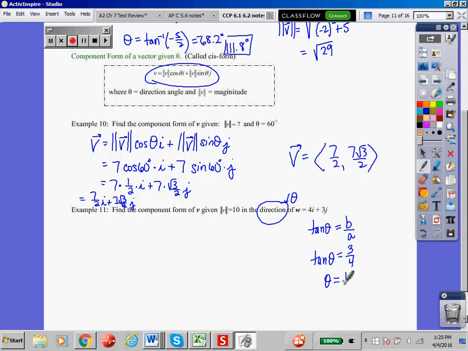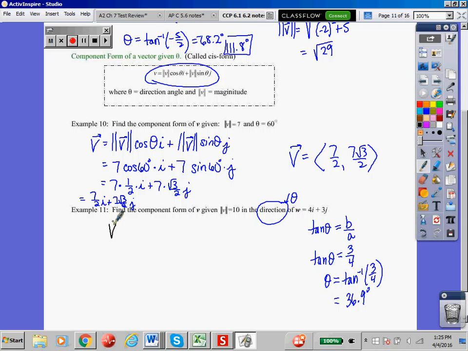Well, unfortunately, this is not unit circle, so you're going to need a calculator and press second sine 3 over 4. Check the mode on your calculator, and I got 36.9 degrees.